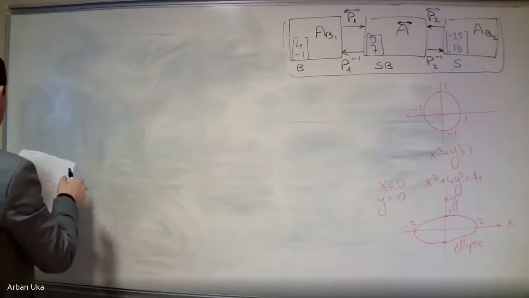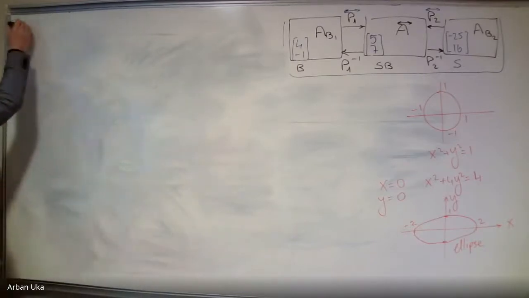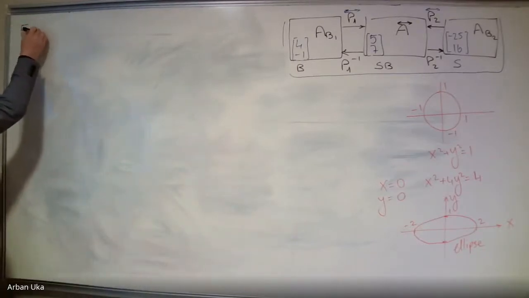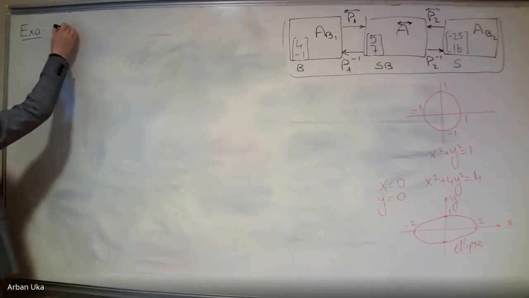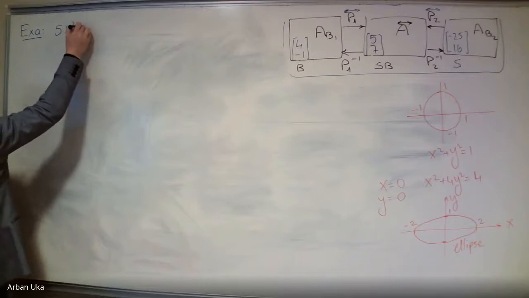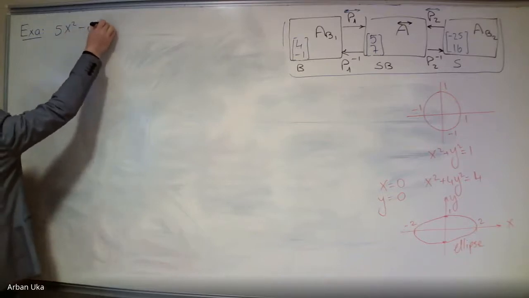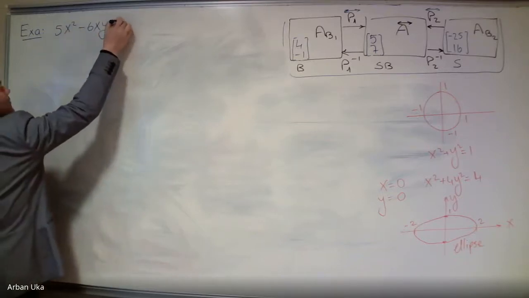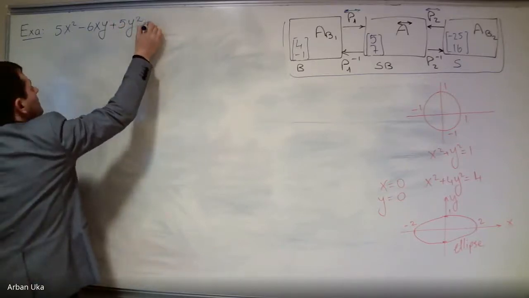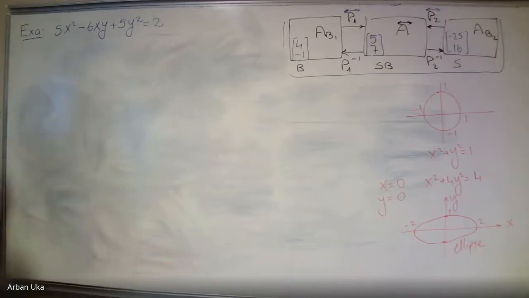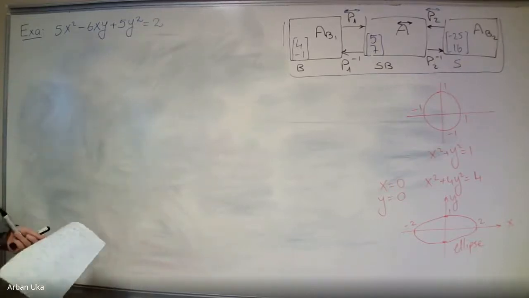Given this is our example, we have 5x squared minus 6xy plus 5y squared equal to 2. So here we have one equation.